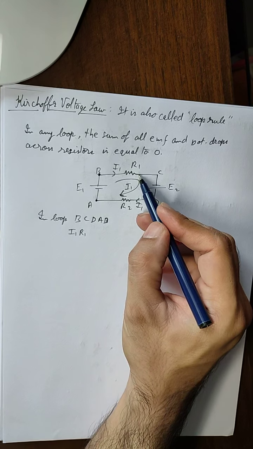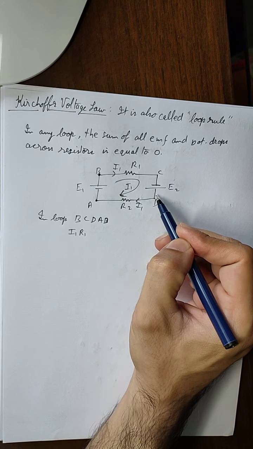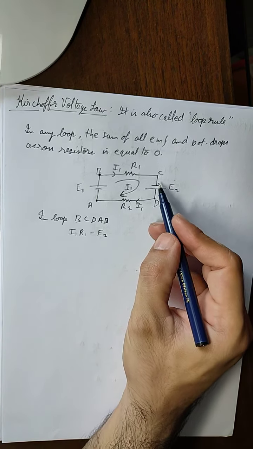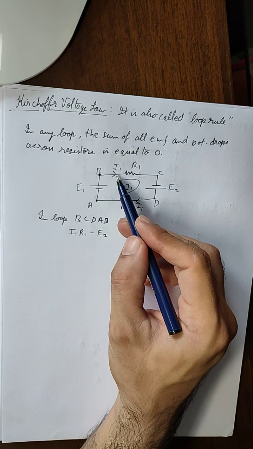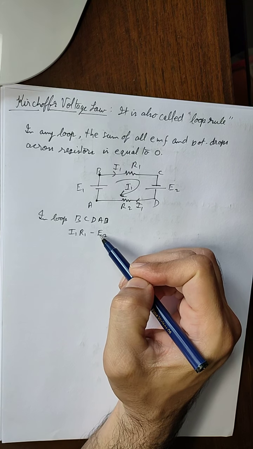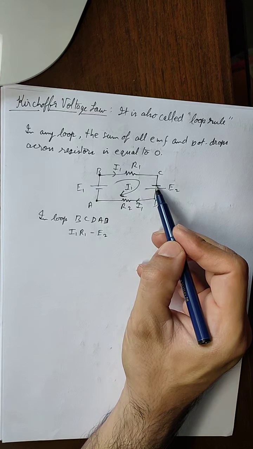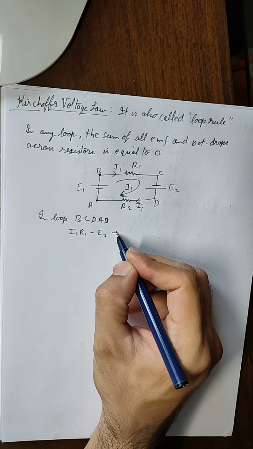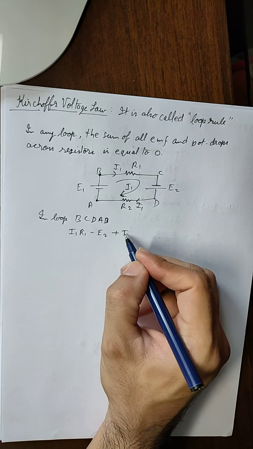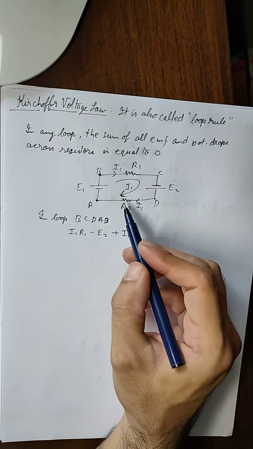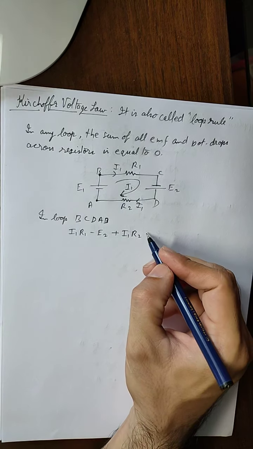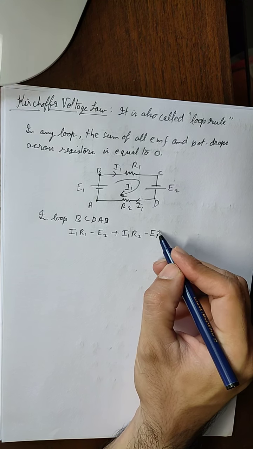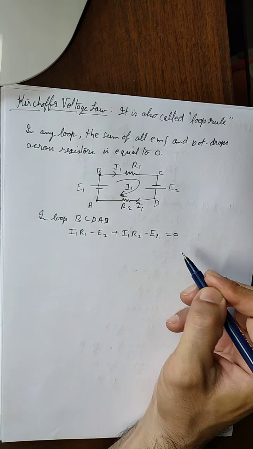Then this current I1 is entering the negative terminal of the battery E2, so I will write minus E2 as it is entering the negative terminal. If it were entering the positive terminal, then I would have written plus E2. It is going inside the negative terminal of the battery, so I am writing minus E2, then plus the potential difference across this, which is I1 R2, and again this current is entering the negative terminal, so this will be equal to minus E1, and thus this will be the entire sum, and this should be equal to 0.